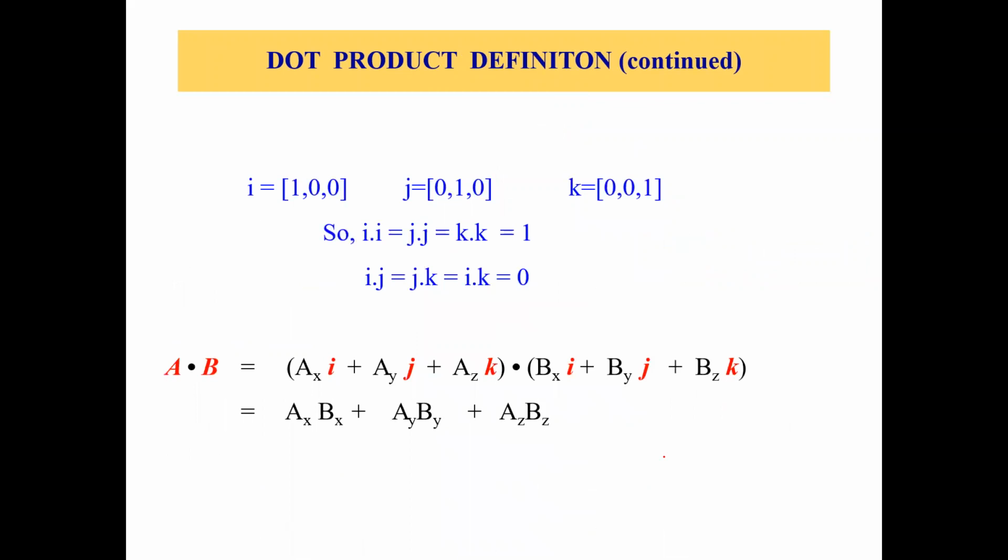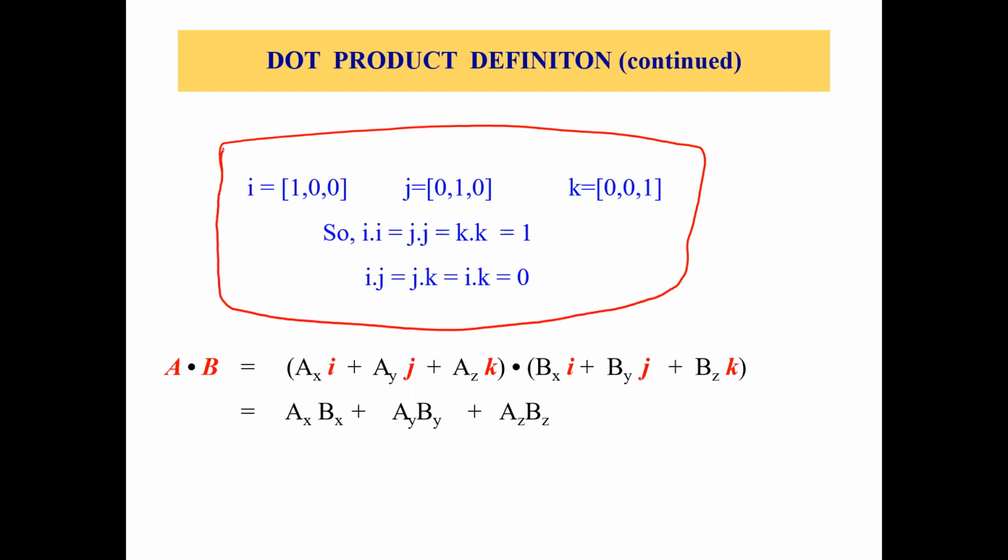Now let's talk about the dot product a little more. Before we jump onto this, let's talk about this. Okay, we know that these are the unit vectors I, J, and K, right? I, we know that it's along the x-axis, so 1, 0, 0 are the coordinates of I, right?